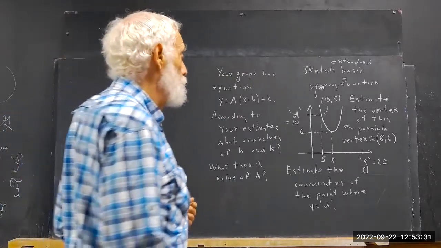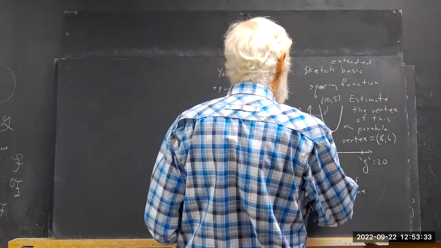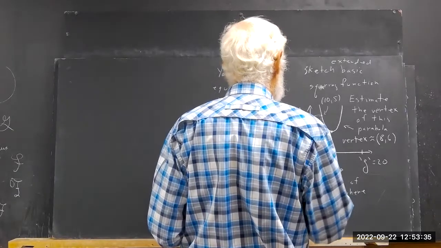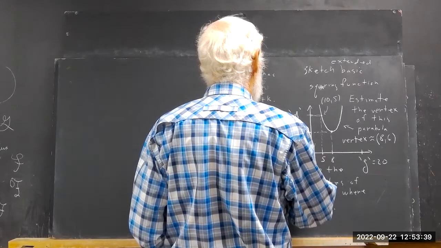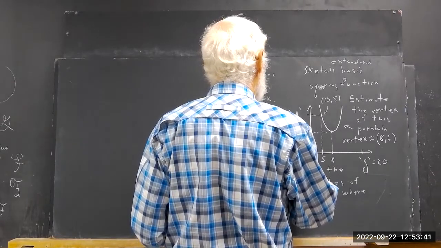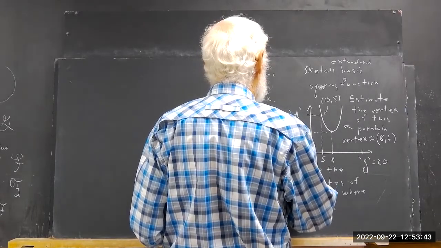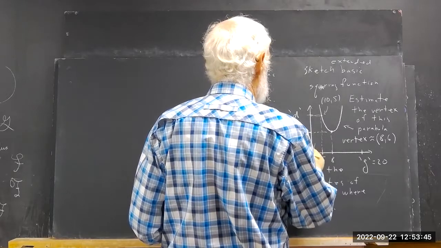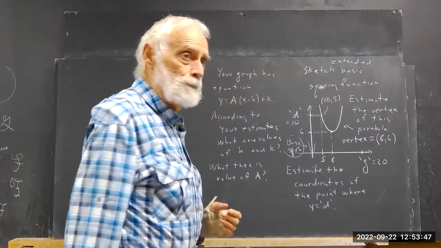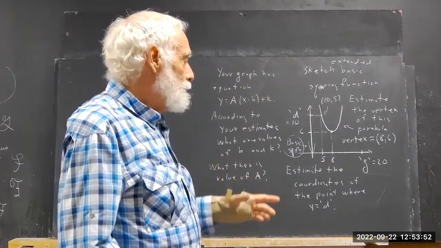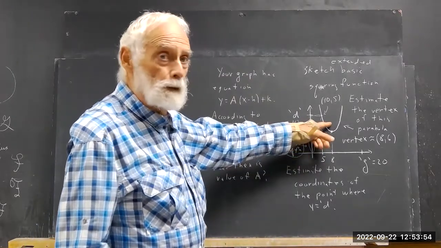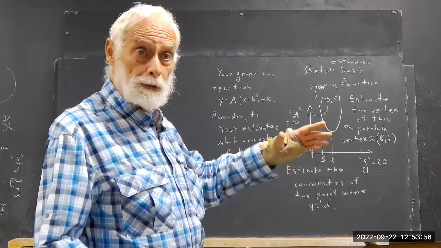Now, if I want to take that graph, let's say the basic squaring function has a graph that looks like this. That's hard to read, but it just says basic squaring function. Now, to make this graph look like this graph, I've got to do a vertical stretch.